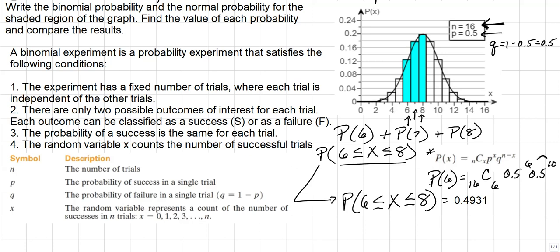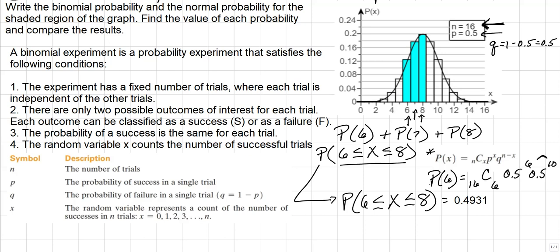Now we're going to perform the same calculation for probability, but we're going to use the normal probability. We're going to assume that we can use a normal probability to approximate the binomial probability in this case.